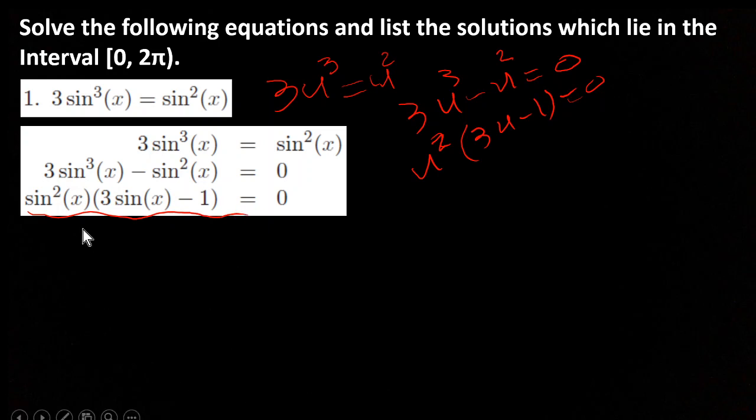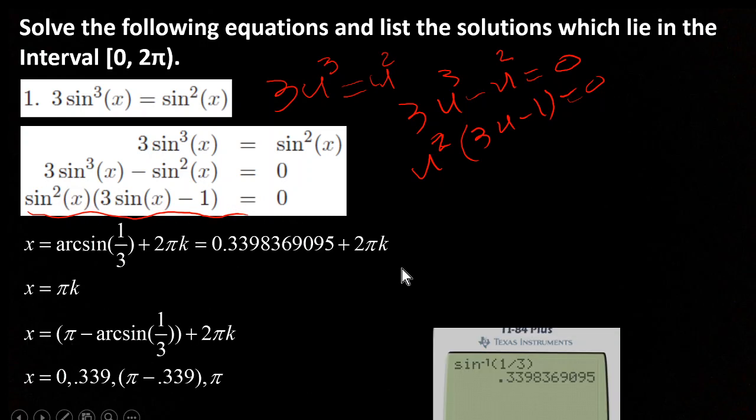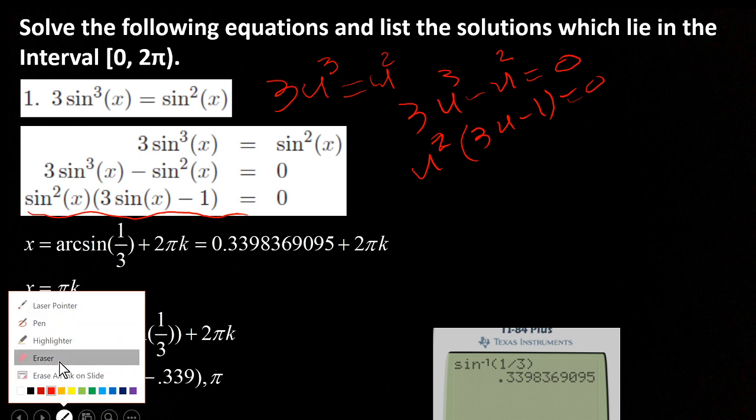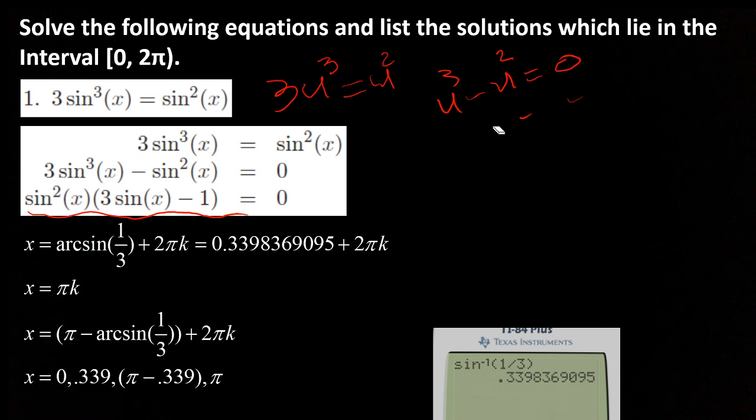All right, now this is the product of two things equal to 0. Either sine squared is 0 or that is 0, and in either case we're going to have two answers. So if you have sine squared equals 0, then sine equals 0.